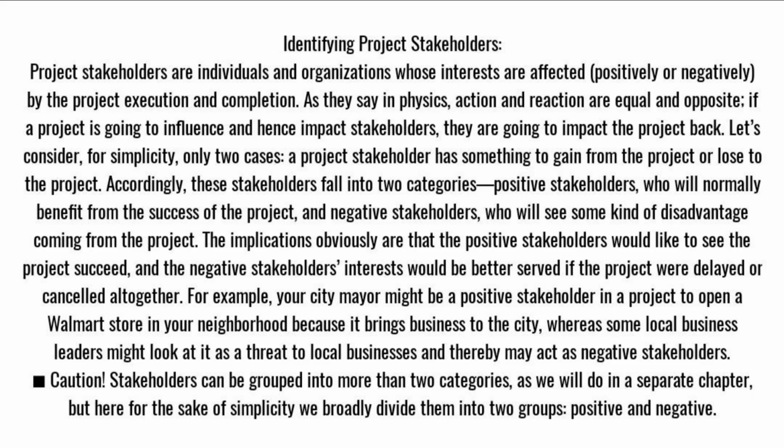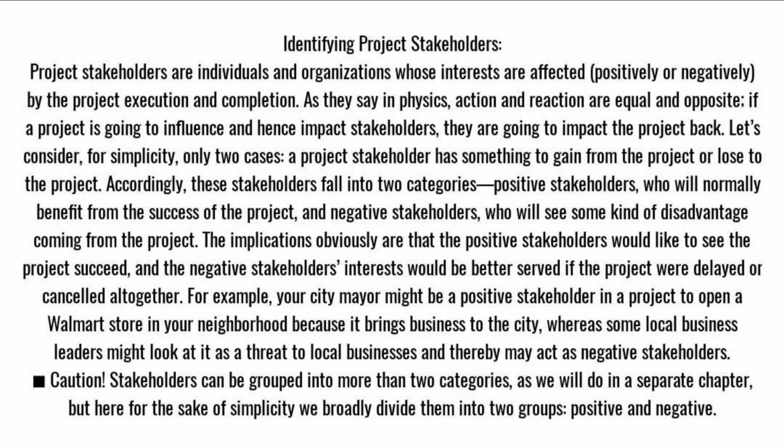Identifying project stakeholders. Project stakeholders are individuals and organizations whose interests are affected, positively or negatively, by the project execution and completion. As they say in physics, action and reaction are equal and opposite. If a project is going to influence and hence impact stakeholders, they are going to impact the project back. Let's consider, for simplicity, only two cases.